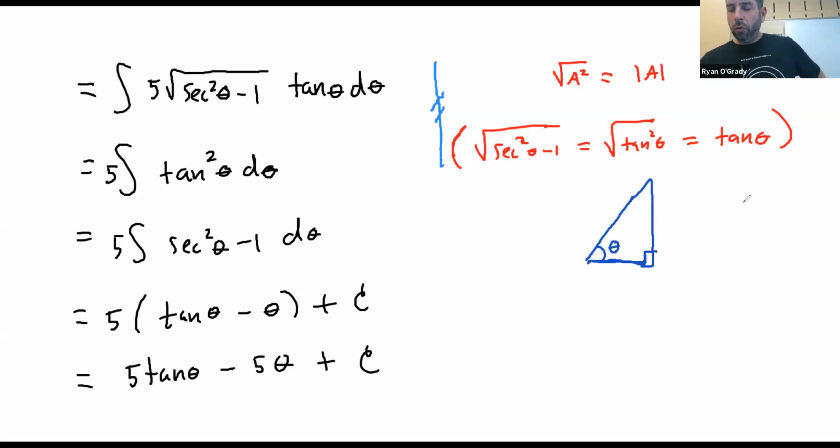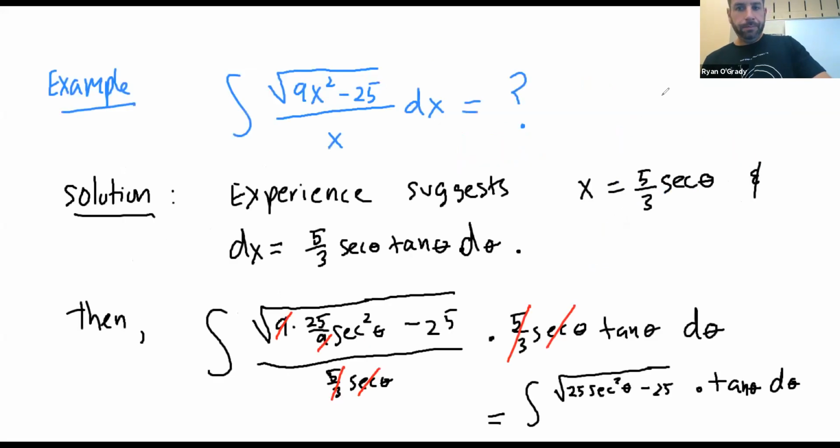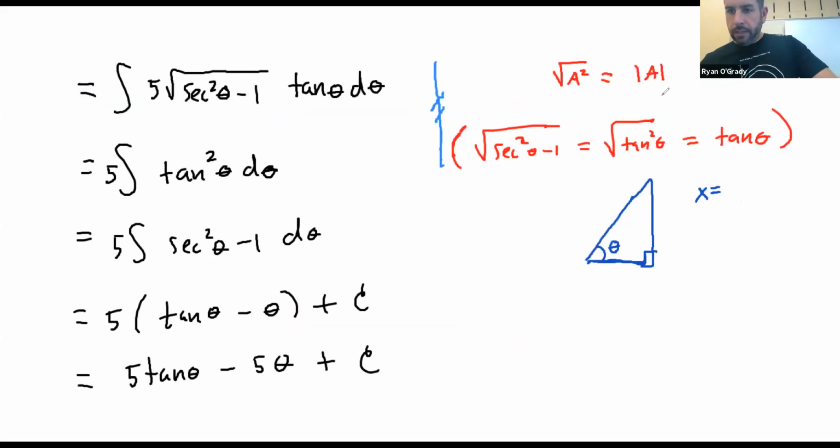And we are told our initial substitution, if you go back, we used x equals 5/3 secant of theta. Another way of writing that, if we rewrite this, is that the secant of theta is 3x over 5.